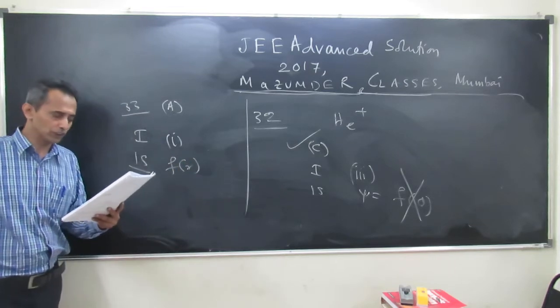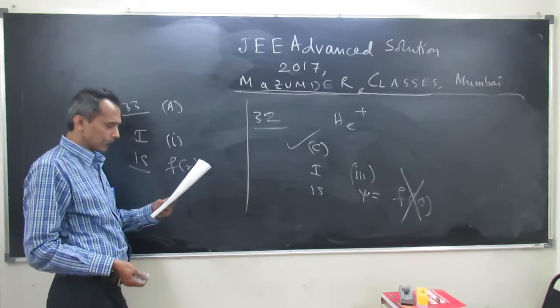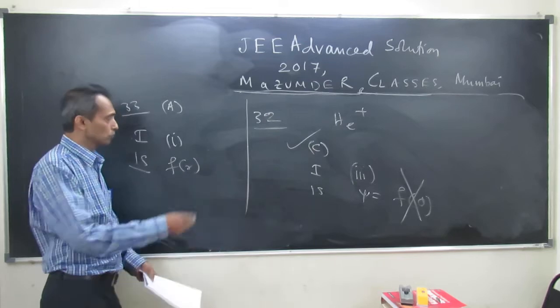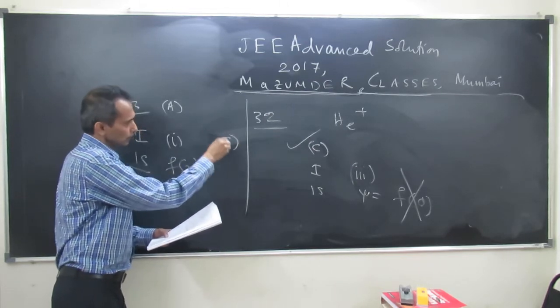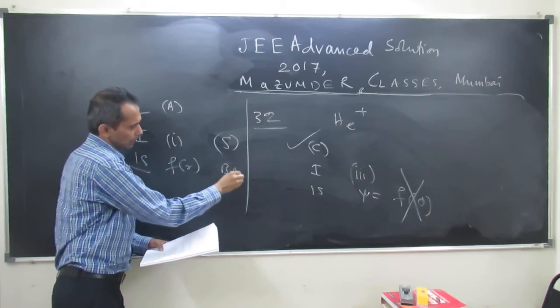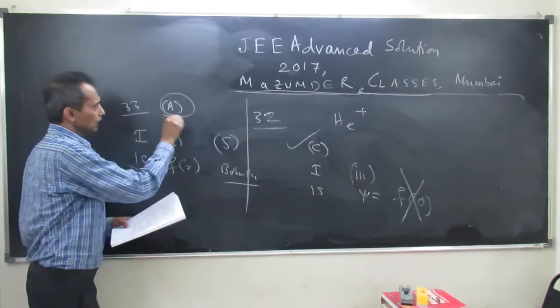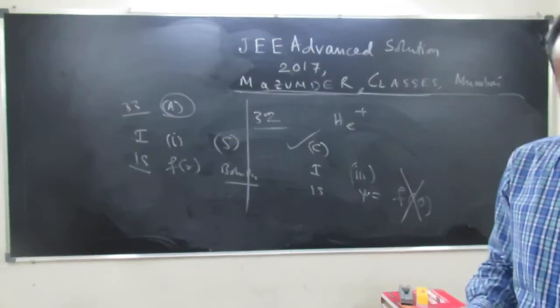So beautiful, there is no theta or phi. So naturally 1 is correct. And for S, the energy used to excite the electron from n equal to 2 to n equal to 4, you can just apply Bohr's theory and you will get the answer. So therefore, the conclusion is that the correct choice for 33 is A.